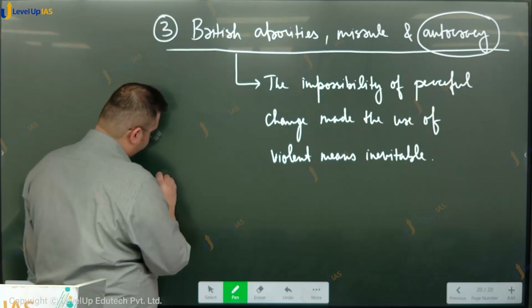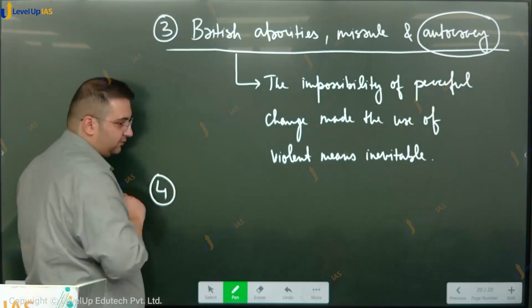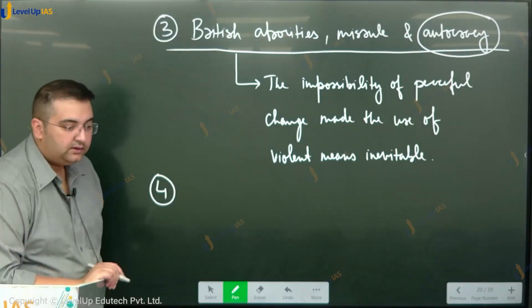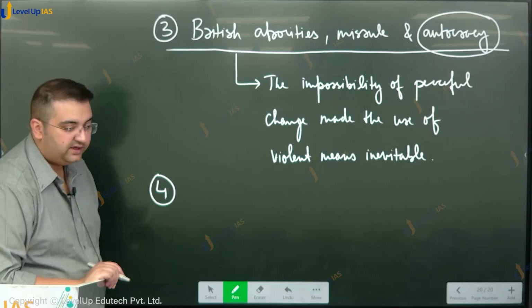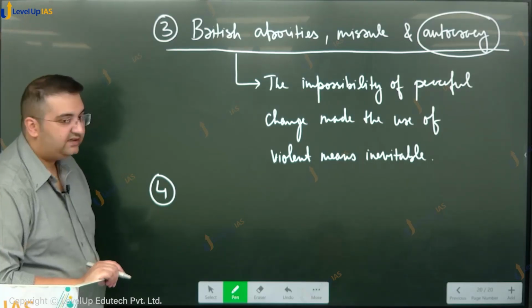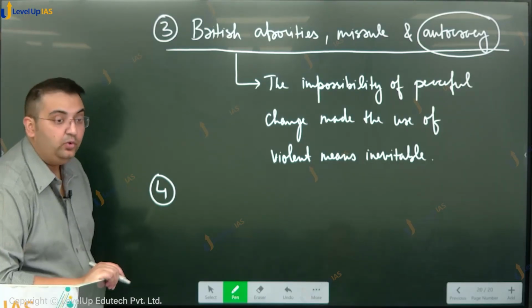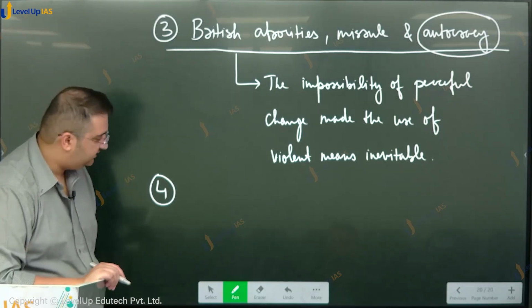Fourthly, these younger groups of revolutionaries also had a certain lack of understanding regarding the true nature of colonial administration.